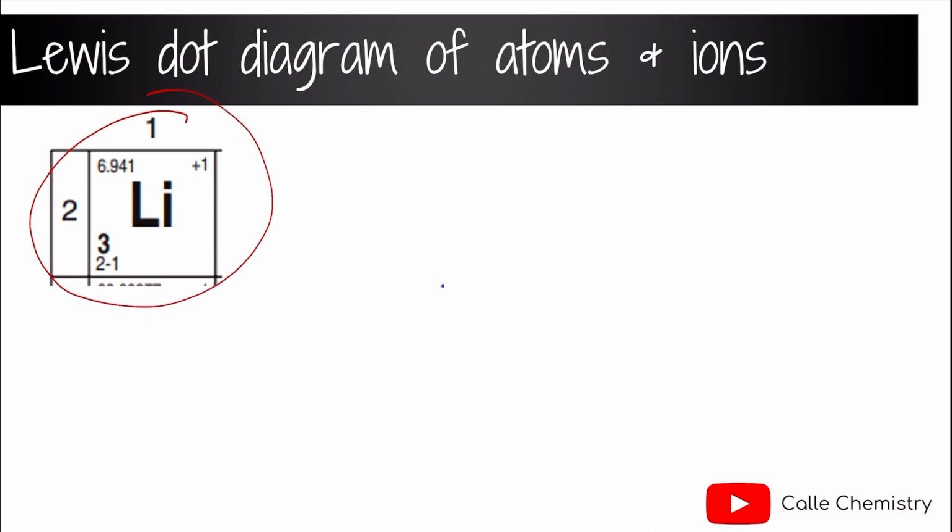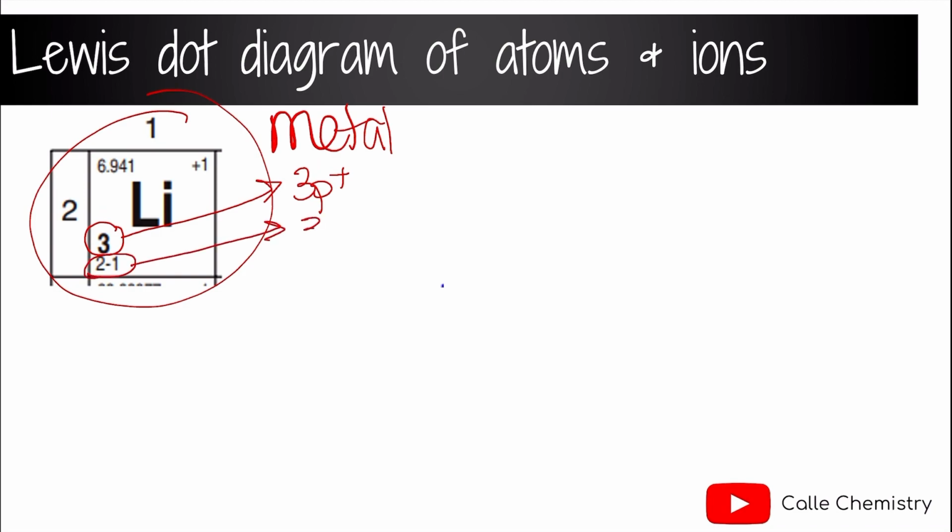Here we have lithium as an example that we're going to use. Lithium is located at the left side of the staircase. So this is a metal. Lithium has 3 protons, and it has a total of 3 electrons.